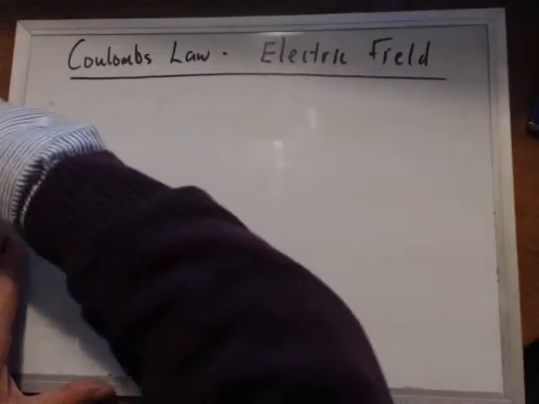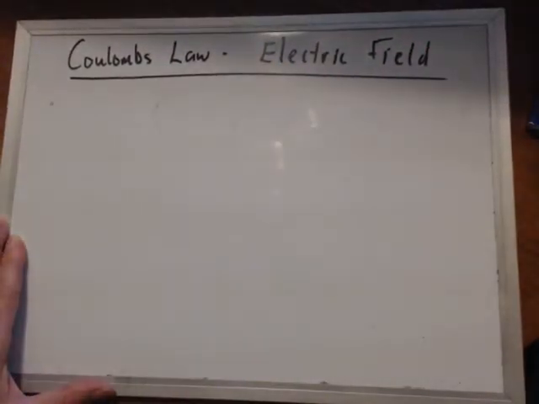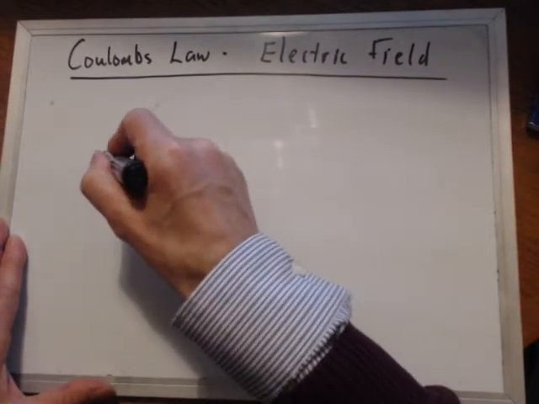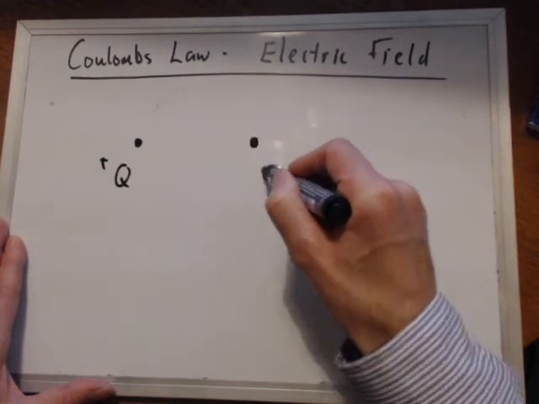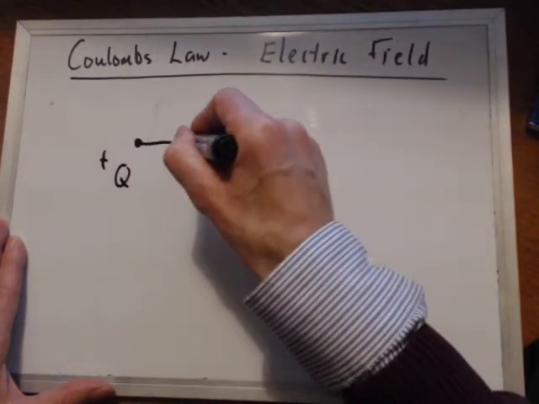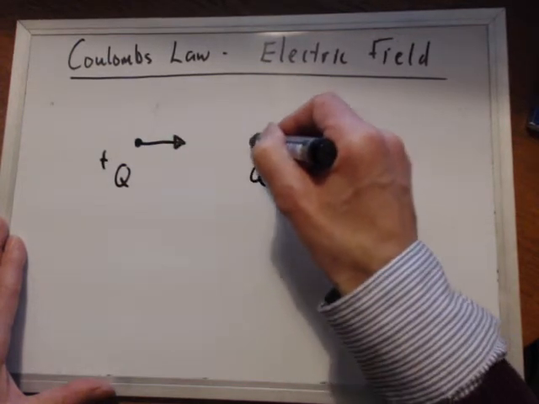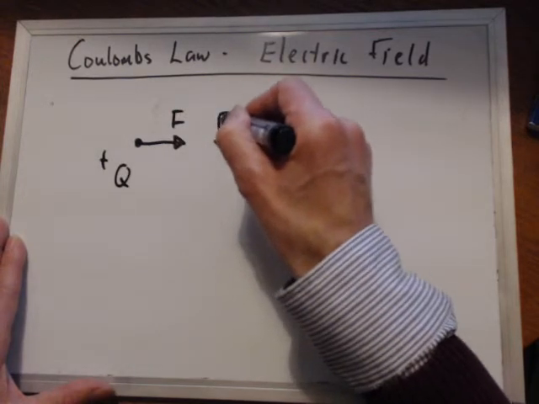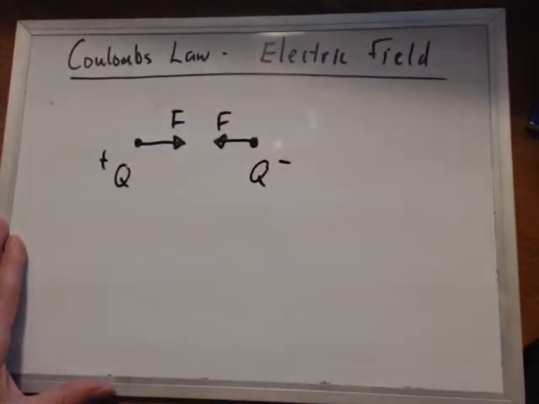Okay, now if it was a positive and a negative charge, Q positive and Q negative, the forces would still be equal and opposite, but they would be attractive like that.